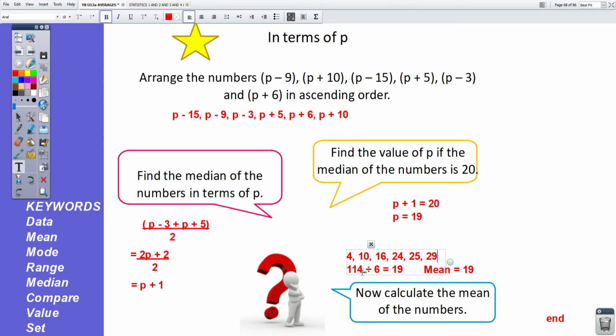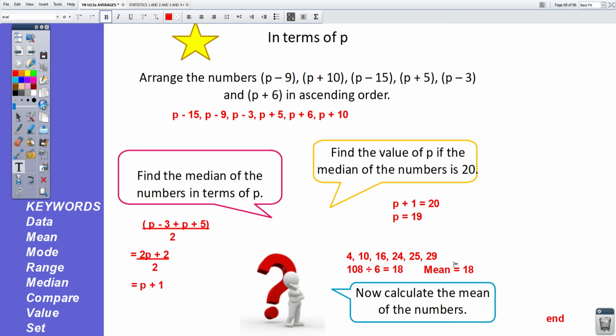And that lot adds up to 108. And 108 divided by 6 is 18. So our mean is 18.